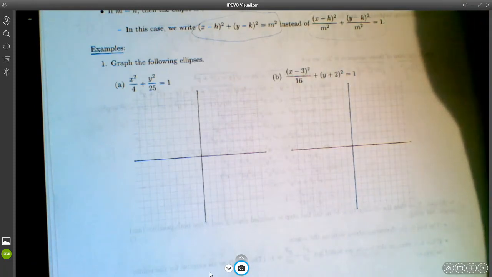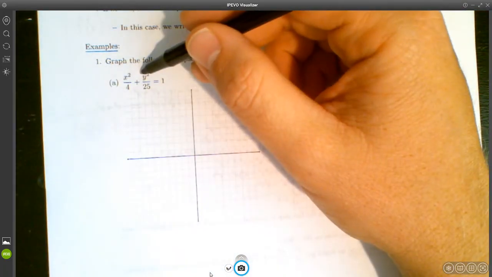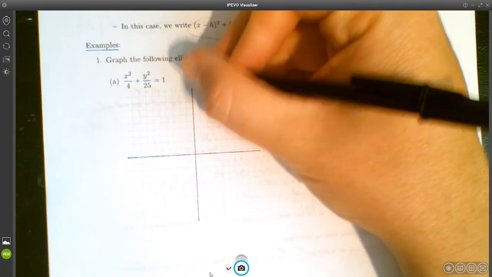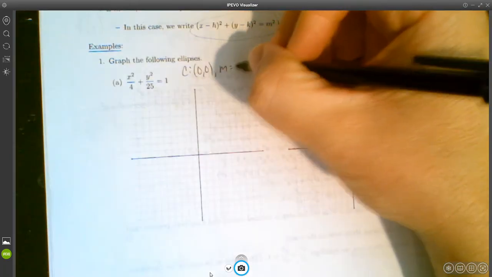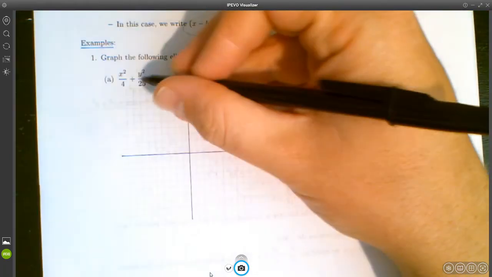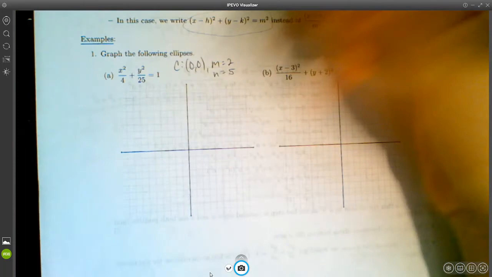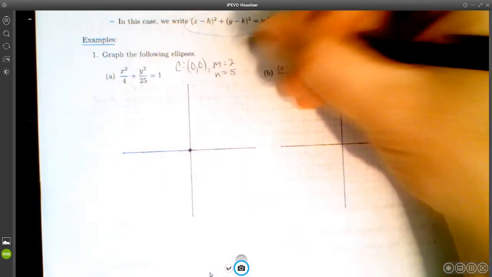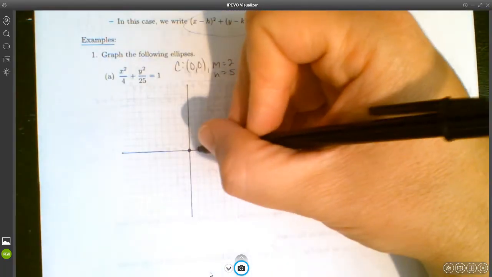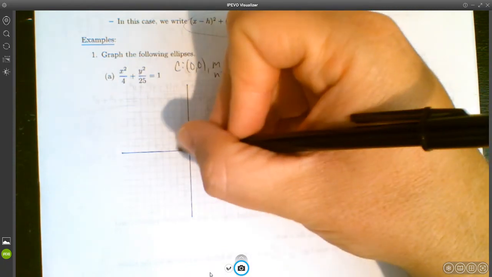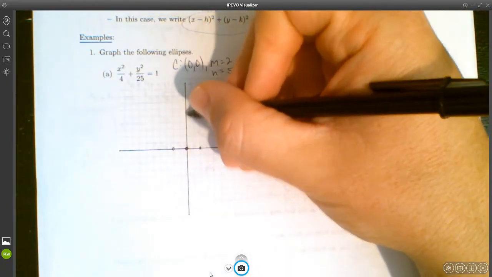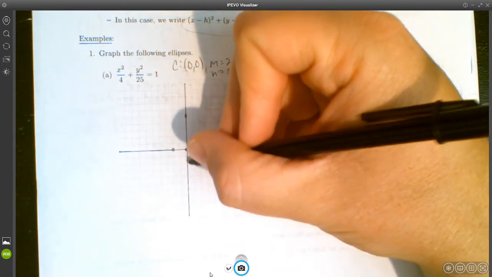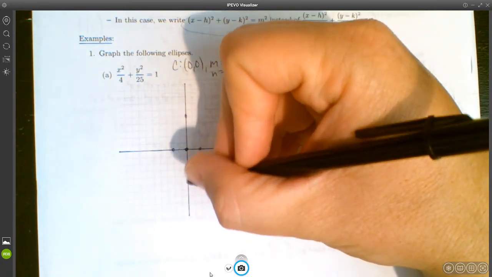Let's graph some ellipses. This ellipse right here is going to be centered at 0, 0. m is going to be 2. n is going to be 5. So I plot the center. Then I go 2 units left and right of center, and 5 units above and below center. 1, 2, 3, 4, 5.